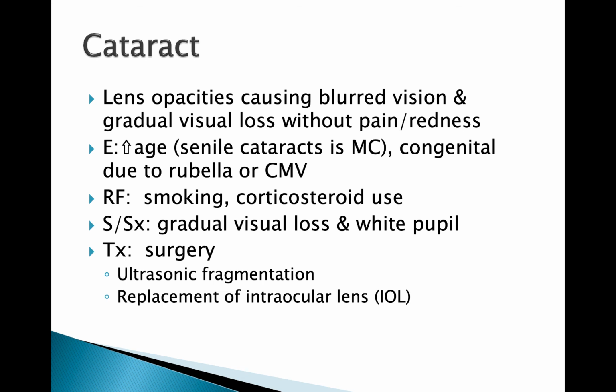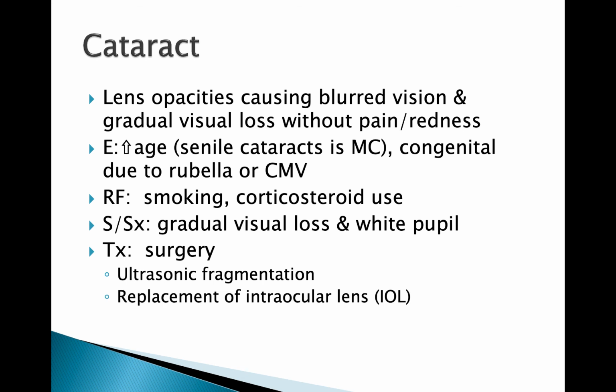Those who smoke and have long-term corticosteroid use are at increased risk of developing cataracts. Signs and symptoms: people will have a gradual visual loss, and as it goes on, the pupil will become white in color. Treatment for this is typically surgery, and this is when we do ultrasonic fragmentation and replacement of the intraocular lens.